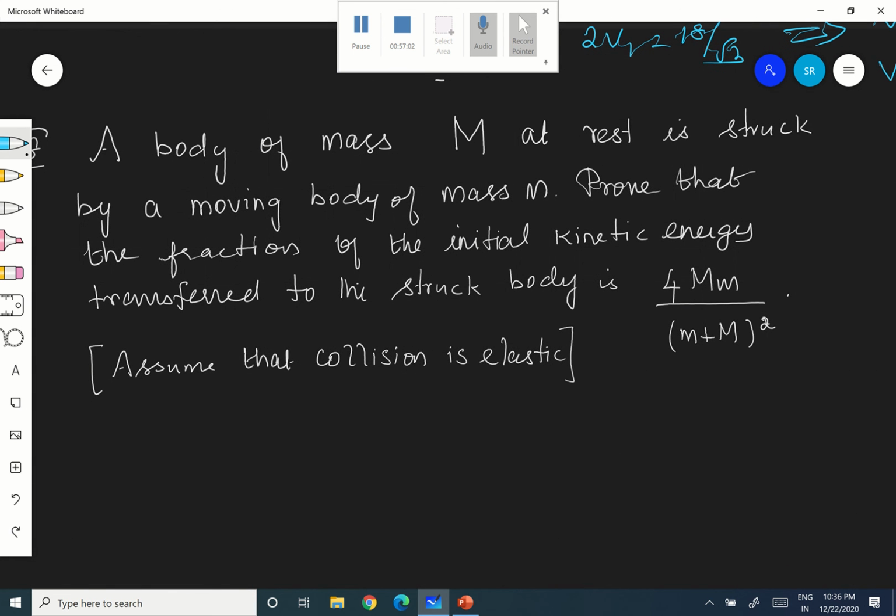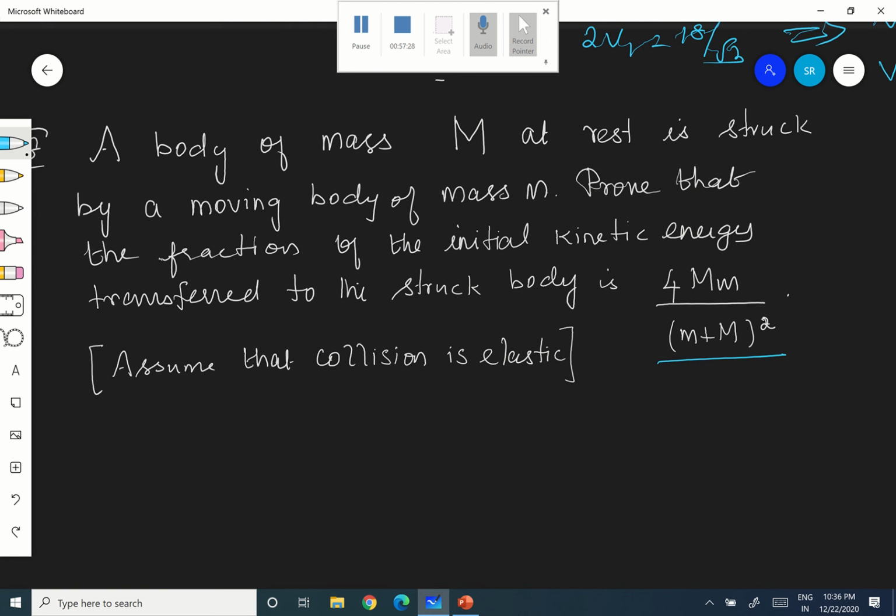Next one is: a body of mass capital M at rest is struck by a moving body of mass m. Prove that the fraction of the initial kinetic energy transferred to the struck body is this.